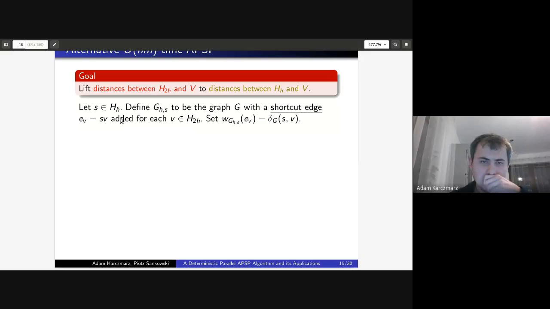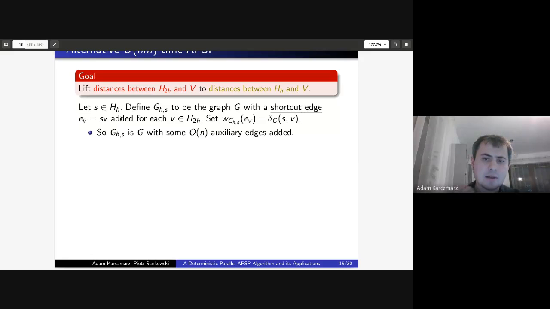Let S be some h hub, and let us define G_{h,S} to be a graph G, but with a shortcut edge from S to each v from the 2h hub set added. And the weight of the shortcut equals the distance between S and v in G. So recall that we already have that distance as our input.